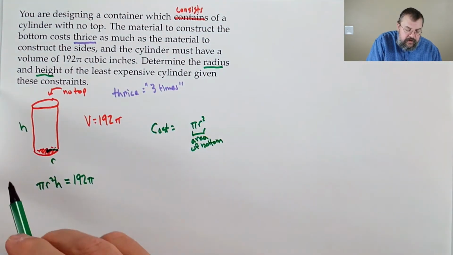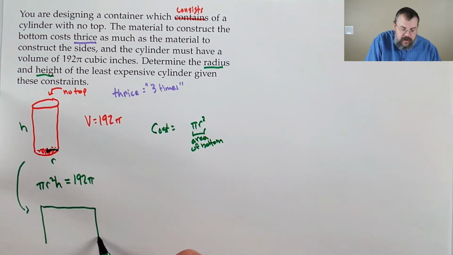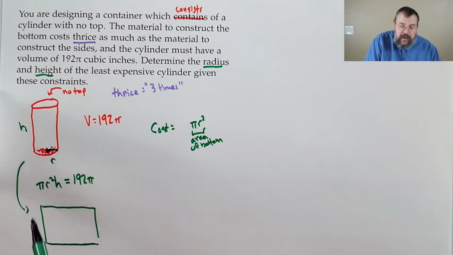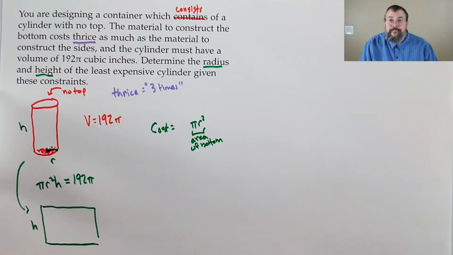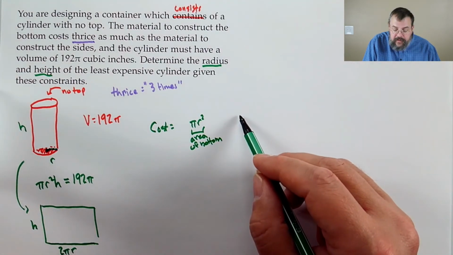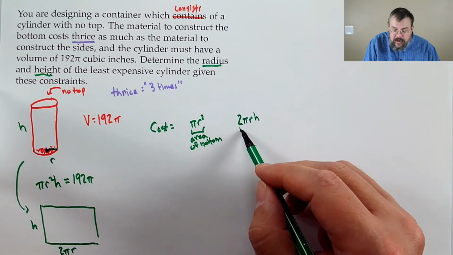So if you were to lay this flat like a rectangle on the sides, what you would see is you'd say, oh, there's the height, h, and this bottom here forms the rim, the outer edge of that circle, also known as the circumference. And the circumference of a circle is 2 pi times the radius. So we can say, all right, the area of the sides is 2 pi RH.